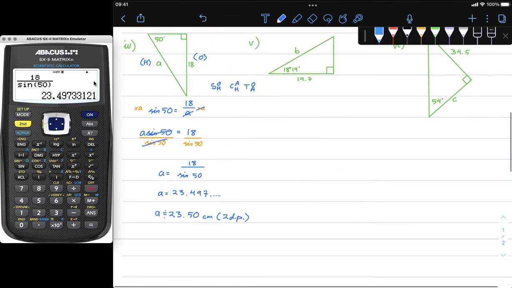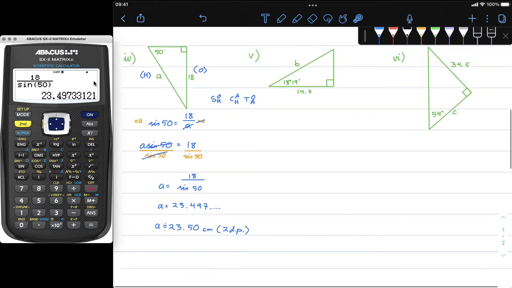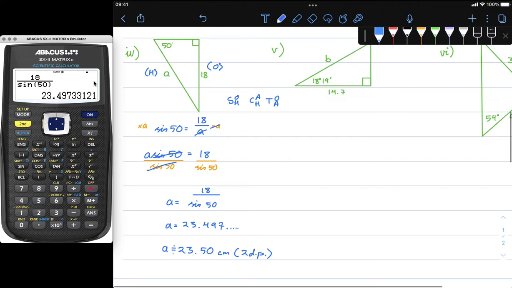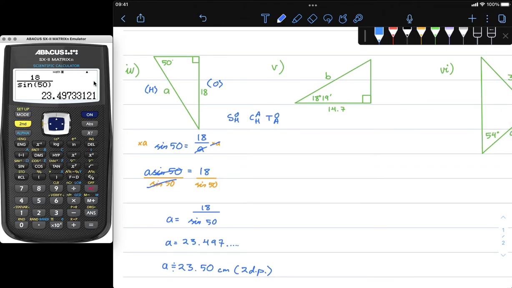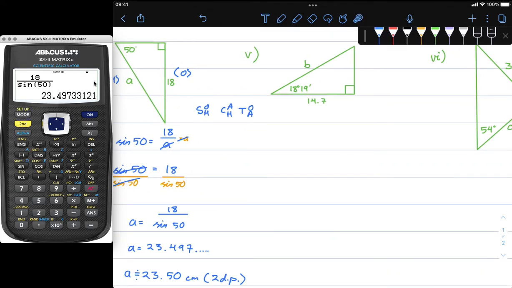Now that is the long way where I showed you 2 steps of what we did here. We multiply by the letter first, and then divide by the trig ratio. But we can actually just treat this in one step. Once again, we figure out, is it sine, cos, or tan?